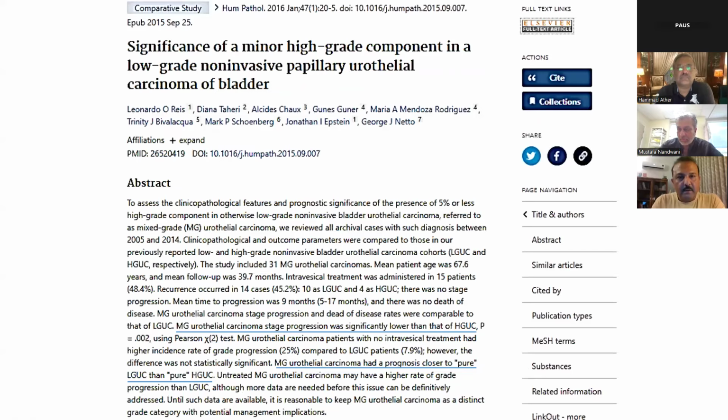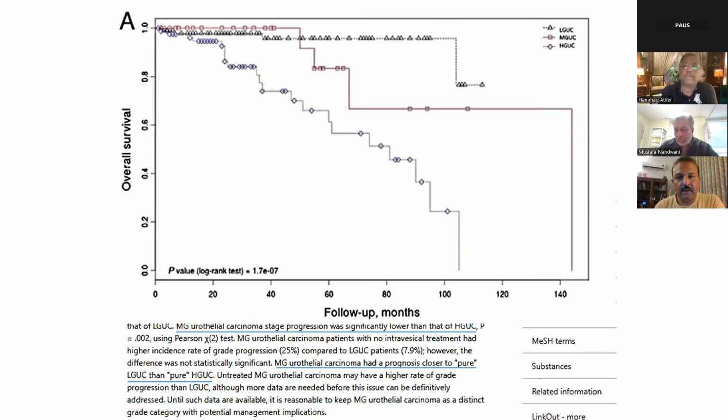They also looked at mixed grade urothelial cancer and compared it with pure high grade and pure low grade. The survival chart shows that the mixed grade tumors are closer to the pure low grade ones than the high grade ones, especially if the high grade area is very focal; they behave almost identically to low grade tumors.